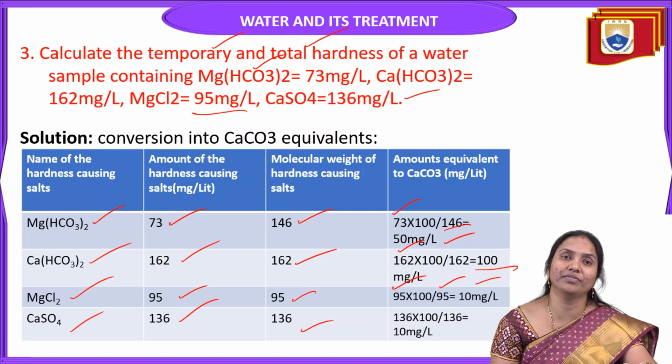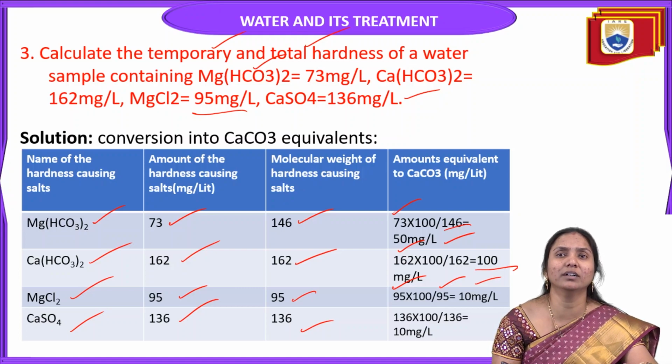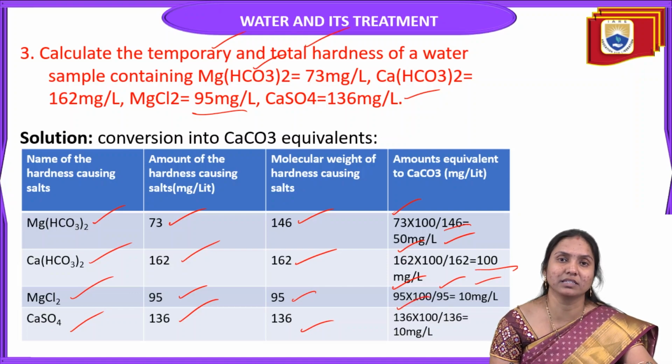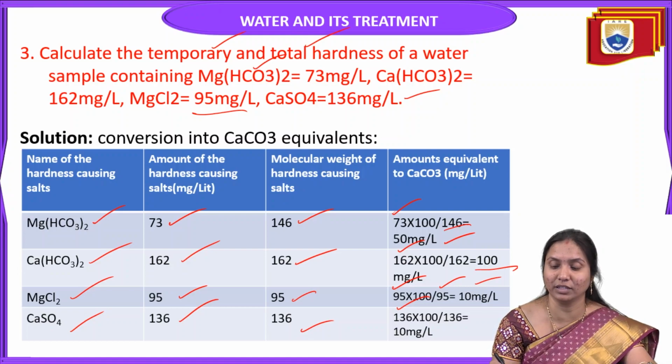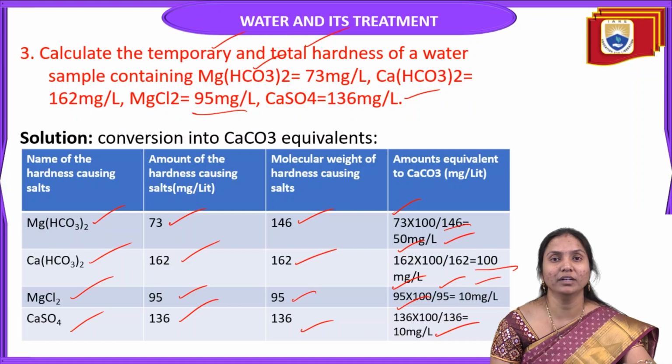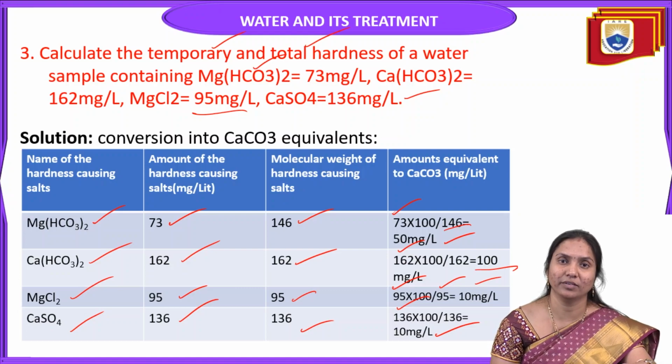Next, calcium sulfate: weight is 136 and molecular weight is 136, so 136 by 136 into 100 is equal to 100 milligram per liter. In this way you can convert all the hardness causing salts into CaCO3 equivalents.